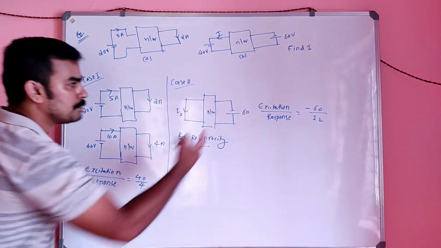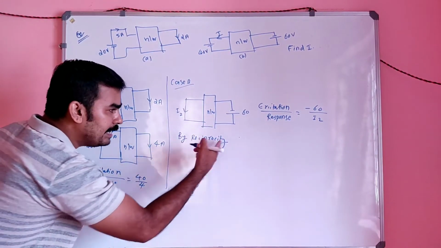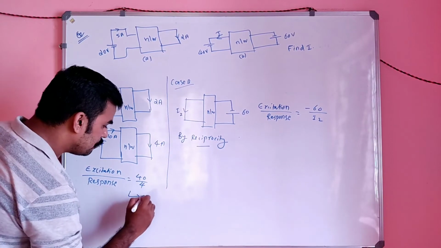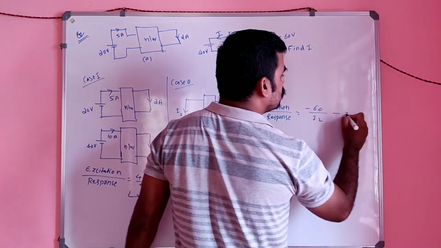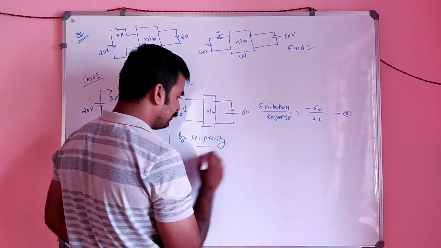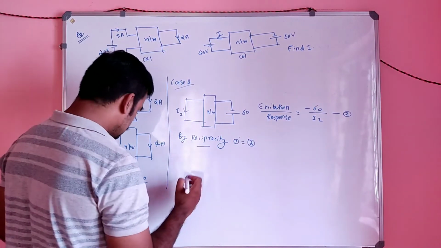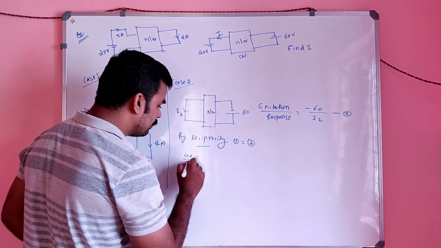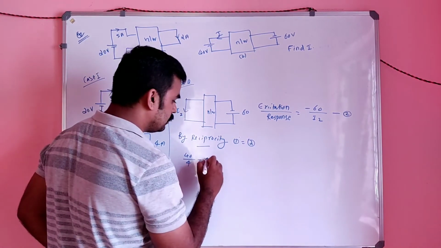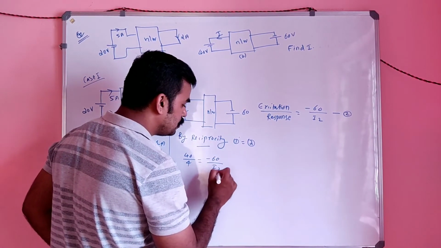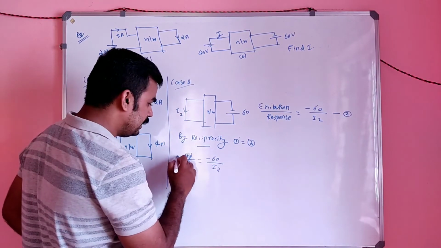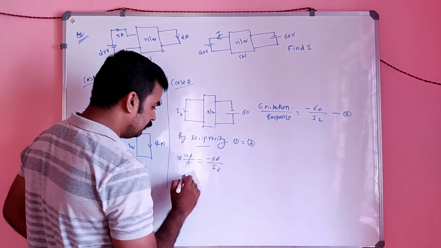So excitation to response is minus 60 by I2. By reciprocity, let this be equation number 1 and that be equation number 2. 1 equal to 2. That means 40 by 4 equals minus 60 by I2.